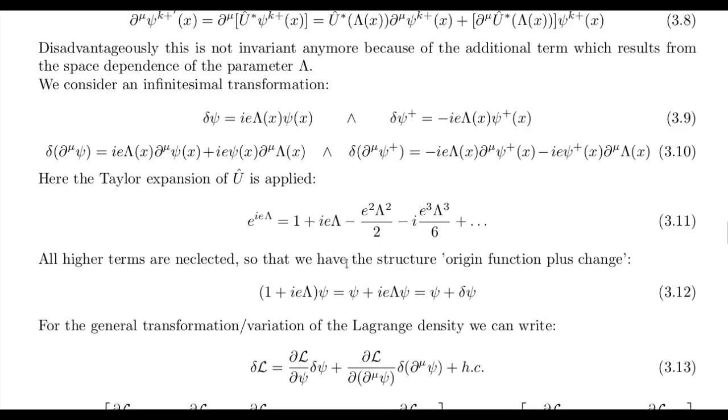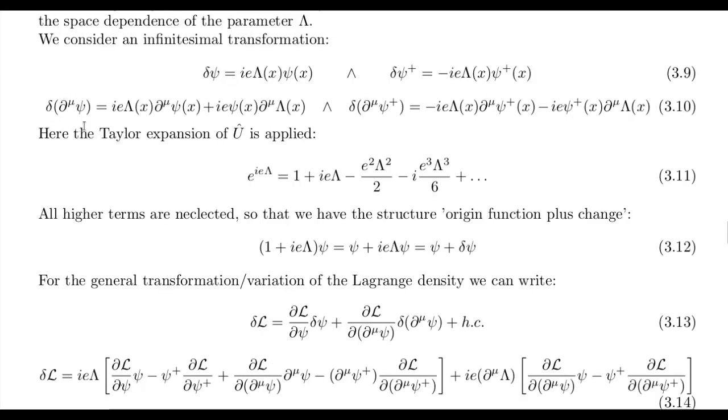So we have here the structure: original function plus the change. These are the first two terms applied to psi. That means we have psi plus the change of psi here. If we look at the change of the derivative of psi, then we have this.